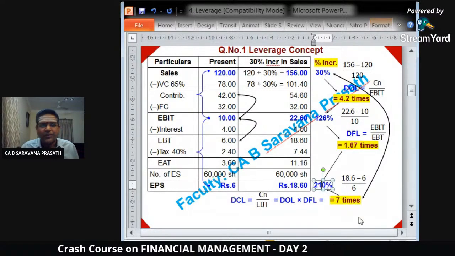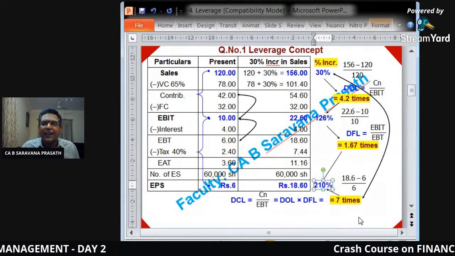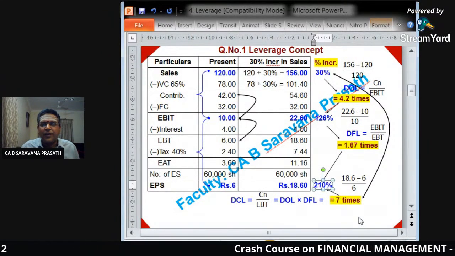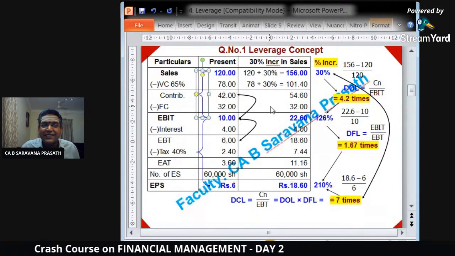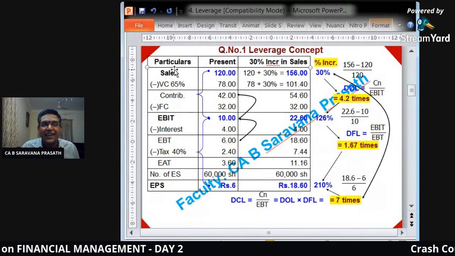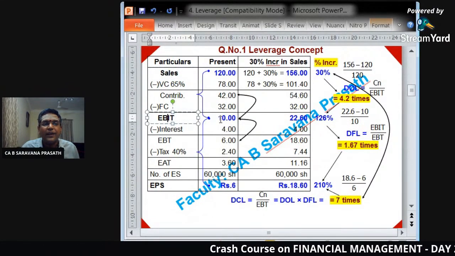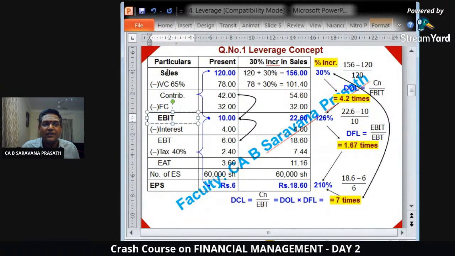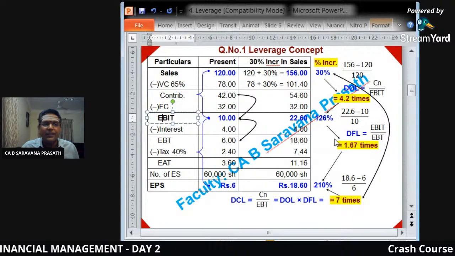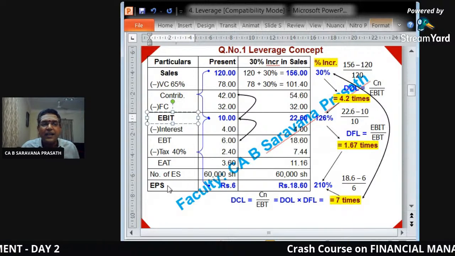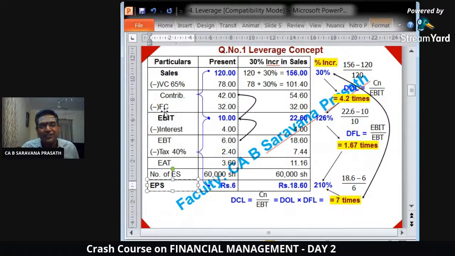As you note down the content available in this chart, I will pause for a while and give you time to quickly revise this idea. Sales and EBIT, these two lines are linked by the concept of operating leverage.